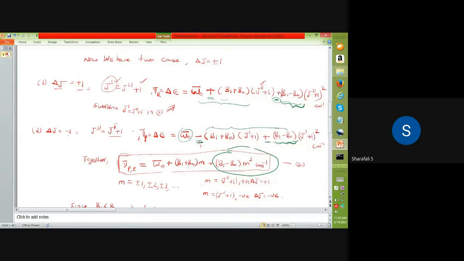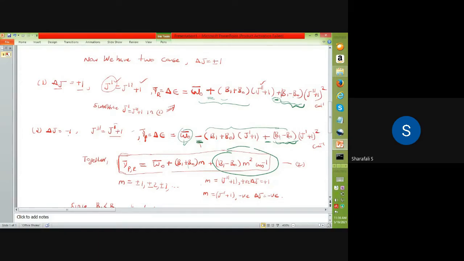Each time it will increase because we have a minus here and we also have a minus here. So we have to add those two terms together, and that has to be subtracted from the central band. So the separation between the lines in the P branch will increase.